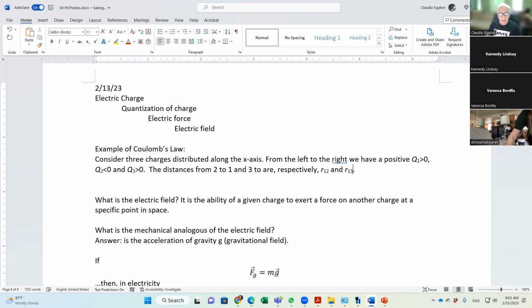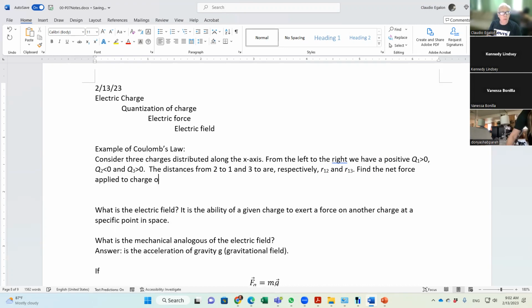So find the net force applied to charge 1. I'm going to abbreviate that as F net 1, like that.